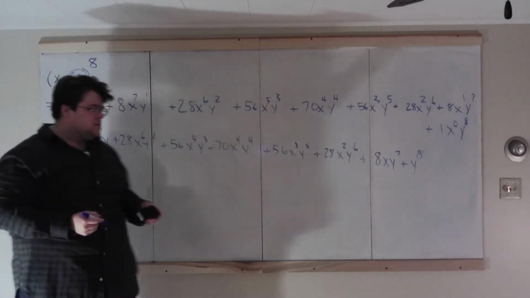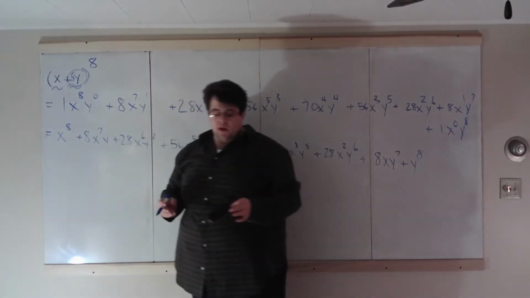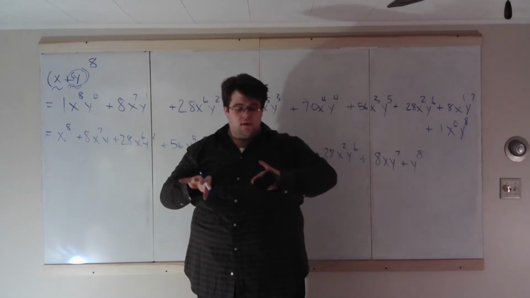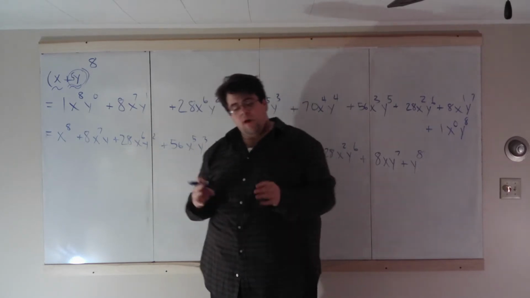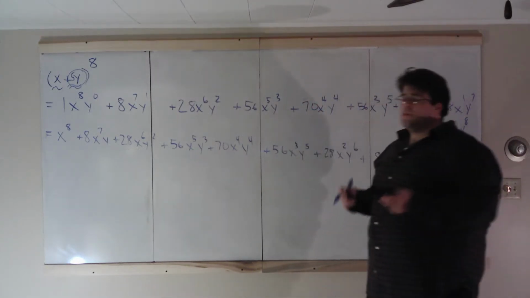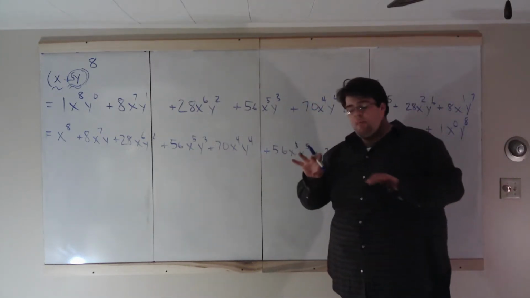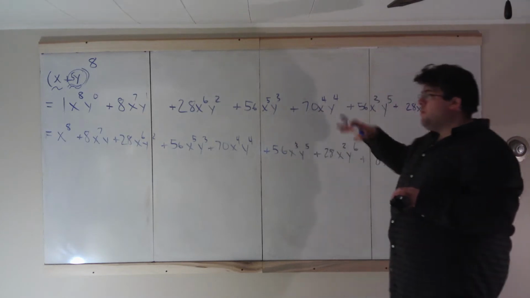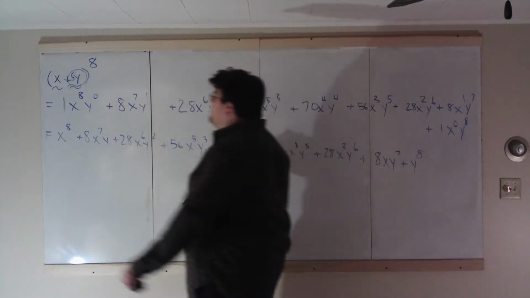In these binomials, we're going to have something plus something else, 2 separate things. Pascal's triangle is used to get the coefficients, and then it's used to say how many of each of the 2 things show up.